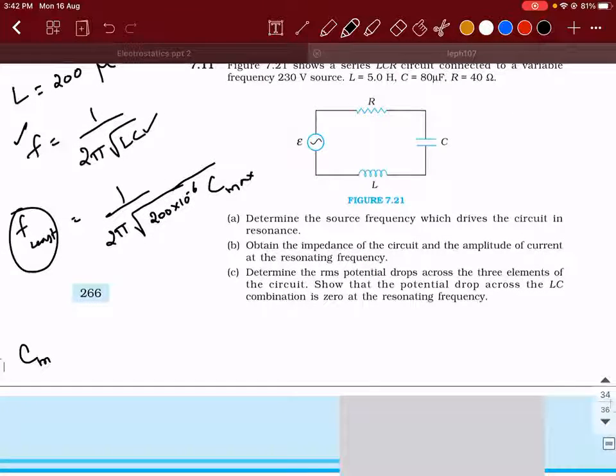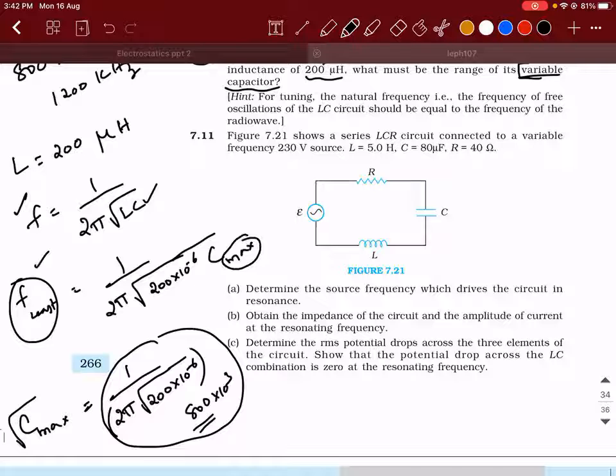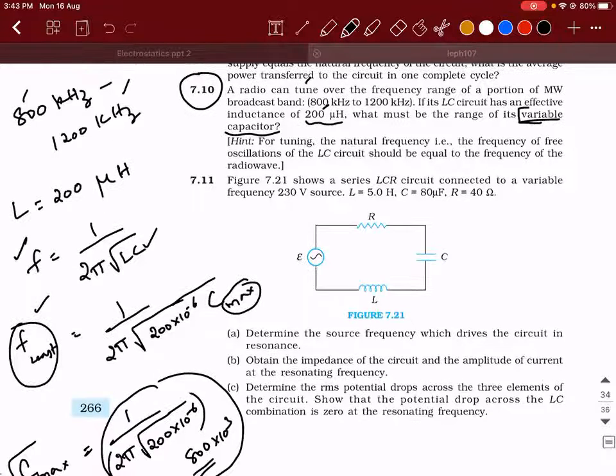So you will calculate C max from F least equal to 800 kilohertz, so 800 into 10 power 3. When you solve this and square on both sides, you will get the maximum value of the capacitance. Similarly, if you want the minimum value of capacitance, the frequency that you need to substitute should be maximum. That part I'm leaving to you. So you will get the maximum and minimum value of the variable capacitor, and that will give you the range of that variable capacitor.